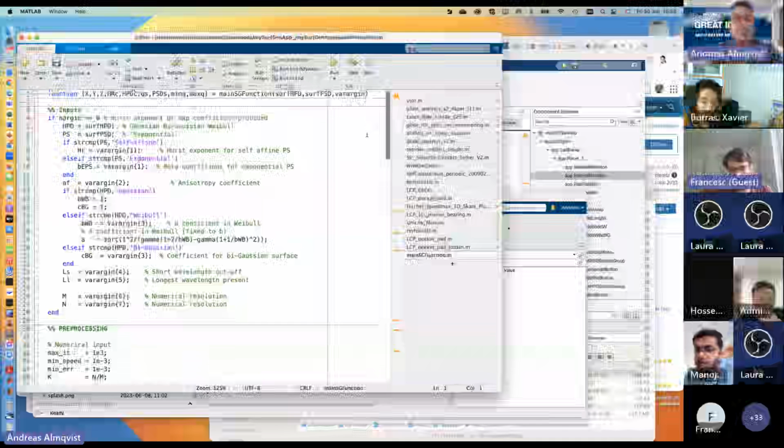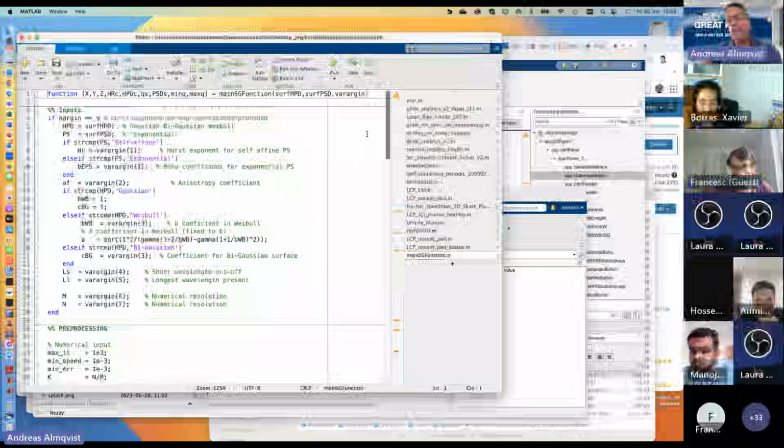And also, I saw a question in the chat from Ida, I believe, and here you can of course specify not only the Weibull, the Gaussian or bi-Gaussian height probability, or you can read it instead from a measured surface file.